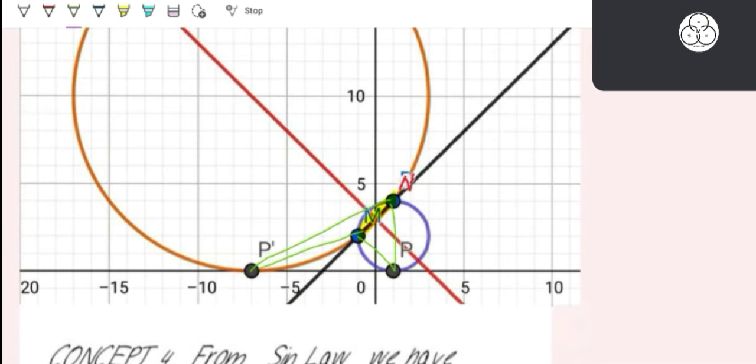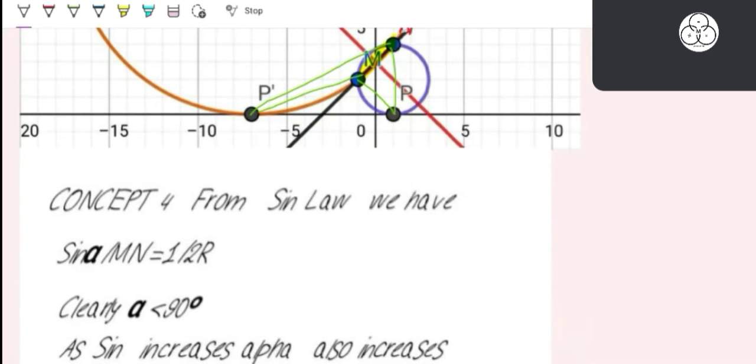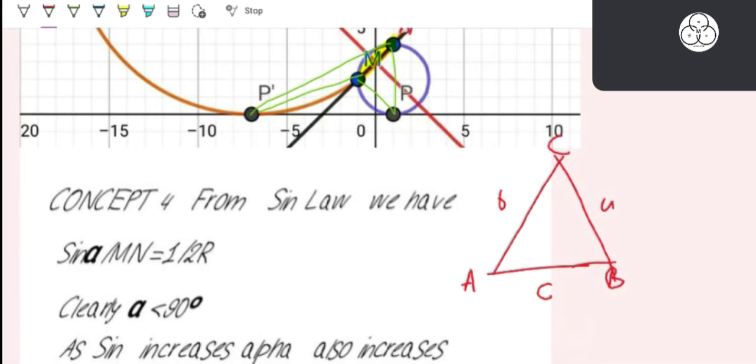Let's see. Here we are applying the sine law. For a triangle, these are the sides a, b, c, and these are the angles A, B, C respectively, and R is the circumradius.